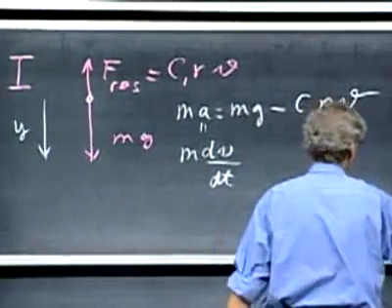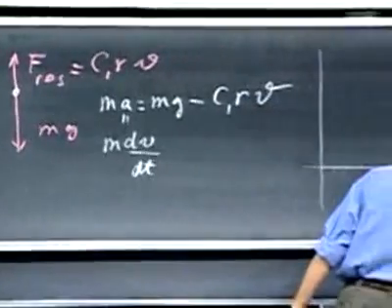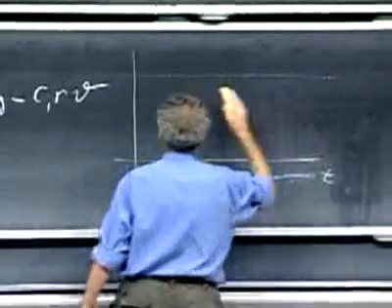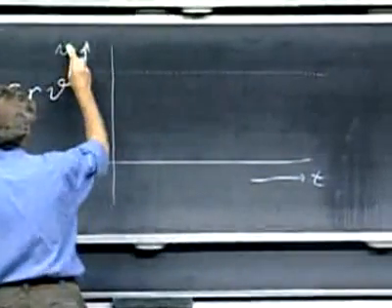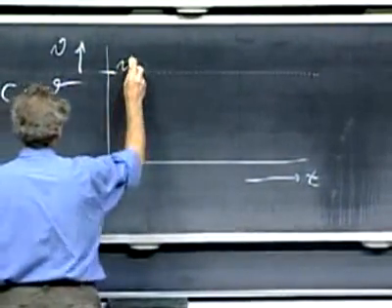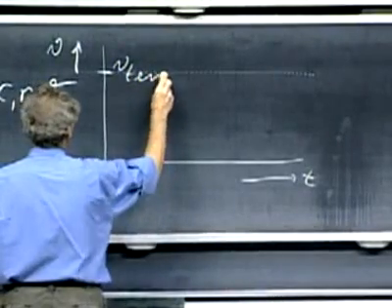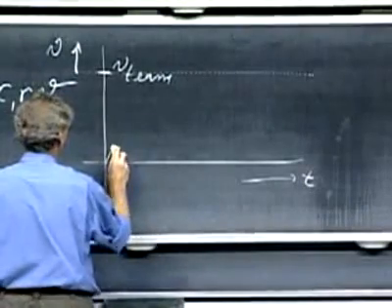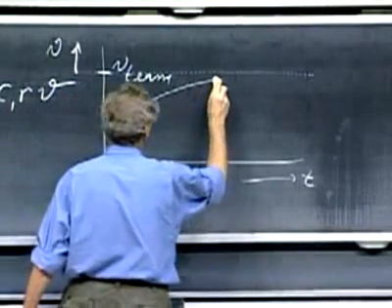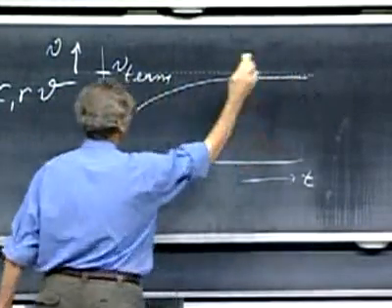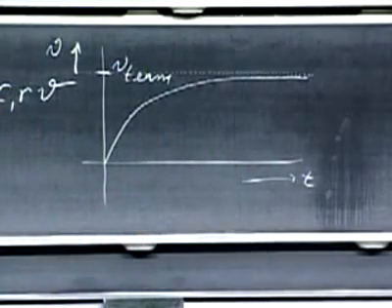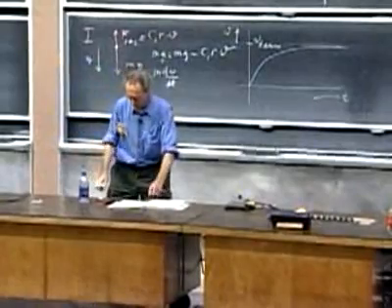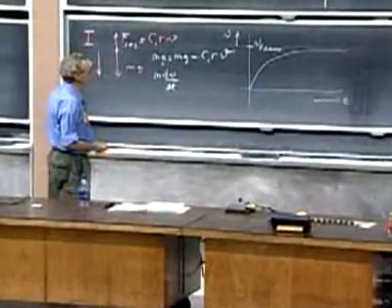What you're going to see is that the speed as a function of time is going to build up to a maximum value, which is the terminal velocity, or terminal speed, and it's going to build up in some fashion, and then it's going to asymptotically approach the terminal speed. And this is what I'm asking you on your fourth assignment to calculate.